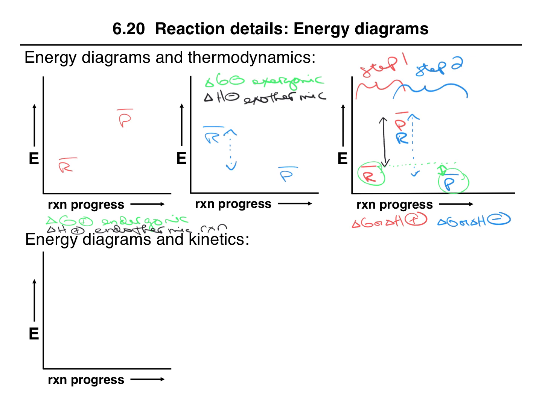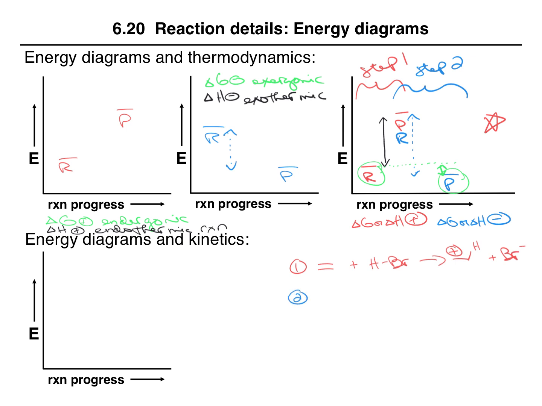Coming back to the sample reaction that we talked about earlier in this chapter, this could be the energy diagram for the reaction of an alkene with HBr. So step 1 involves the alkene reacting with HBr to form the carbocation and Br minus.